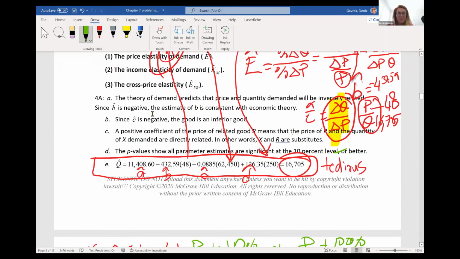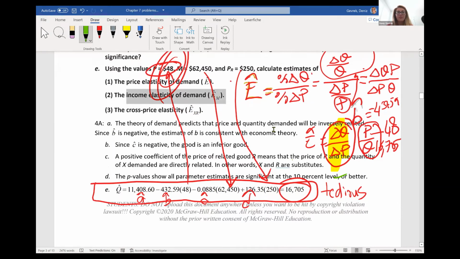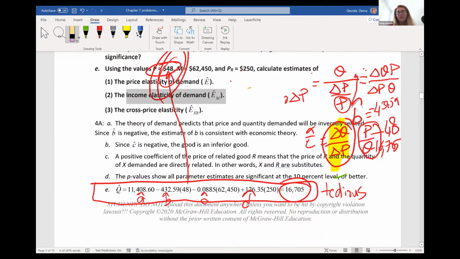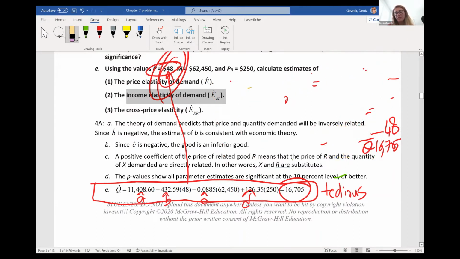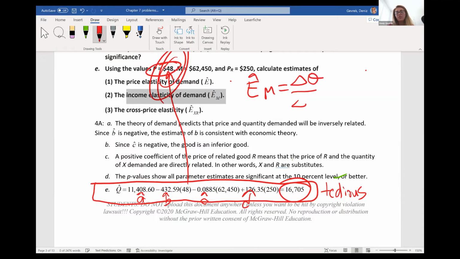Okay. Next one, income elasticity of demand. This is also not too bad. I do the same thing because I don't like memorizing anything. This is how your quantity responds to your income changes. This is percent change, so change in quantity divided by quantity, over change in income divided by income.